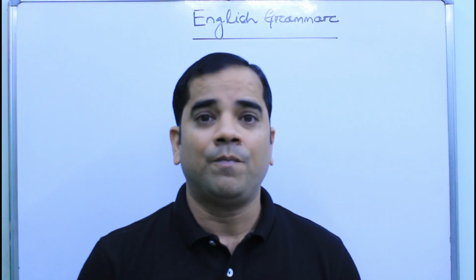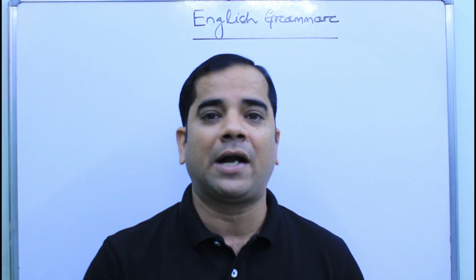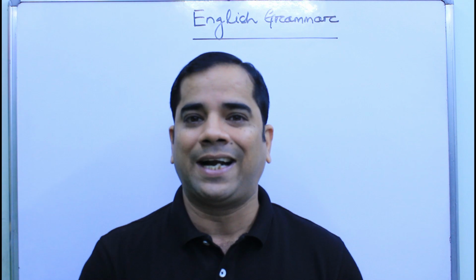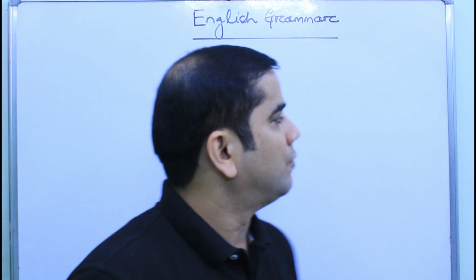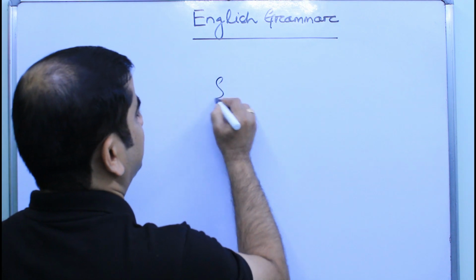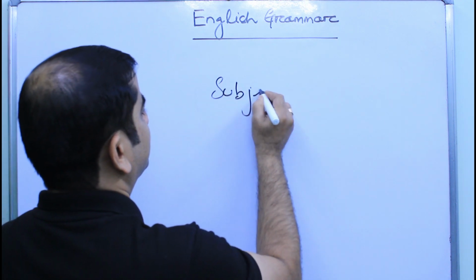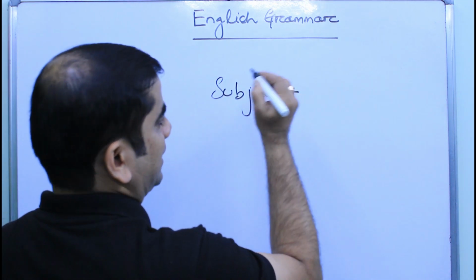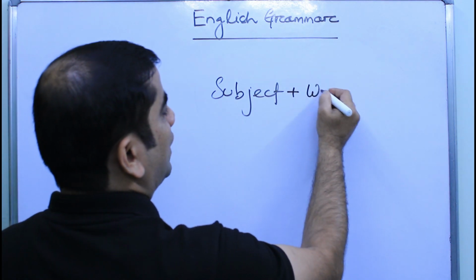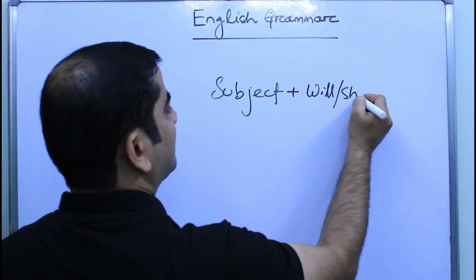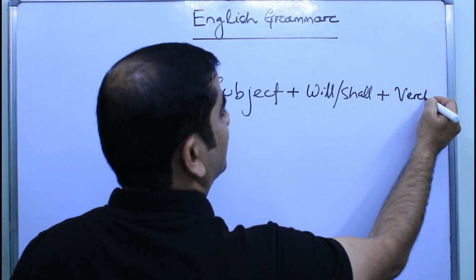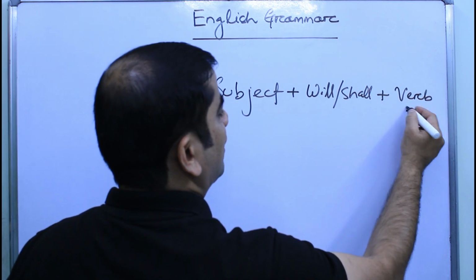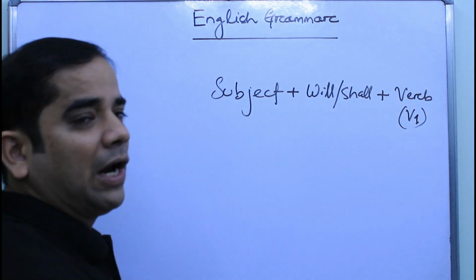Okay. Now let us discuss the important part of the simple future tense, that is the formation of the tense. So formation goes like this: subject plus will or shall plus verb, that is in the V1 form.